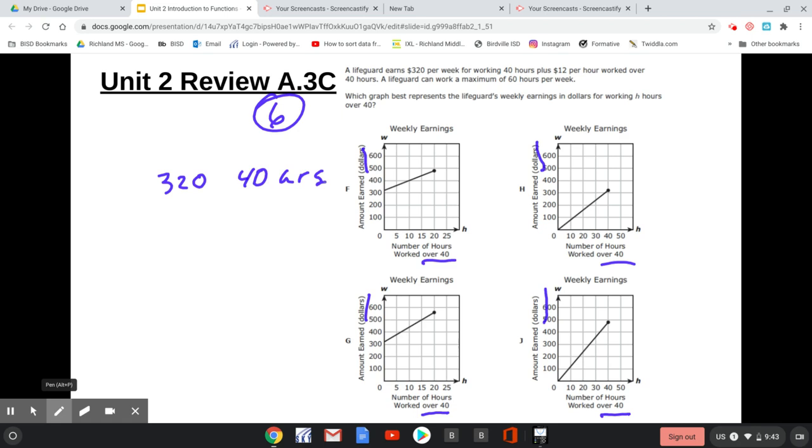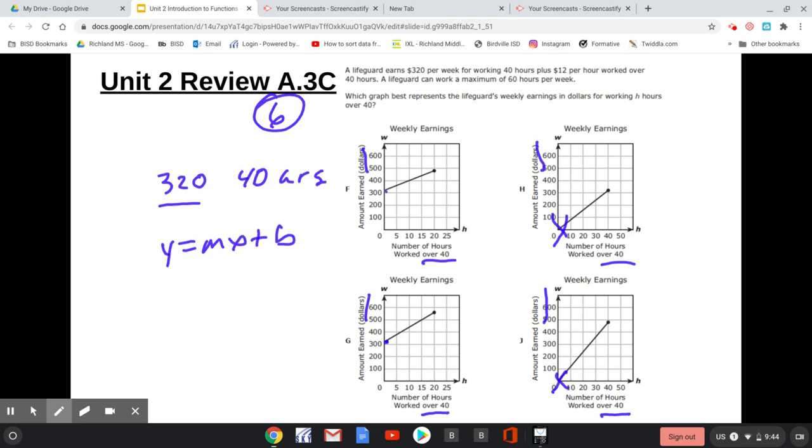So I'm going to go up and over and see what we can get. Well, we know it's not going to be H because H is proportional, because it starts at the origin. We know it's going to be either F or G, as these start at 320, which is his starting point. That is our B.